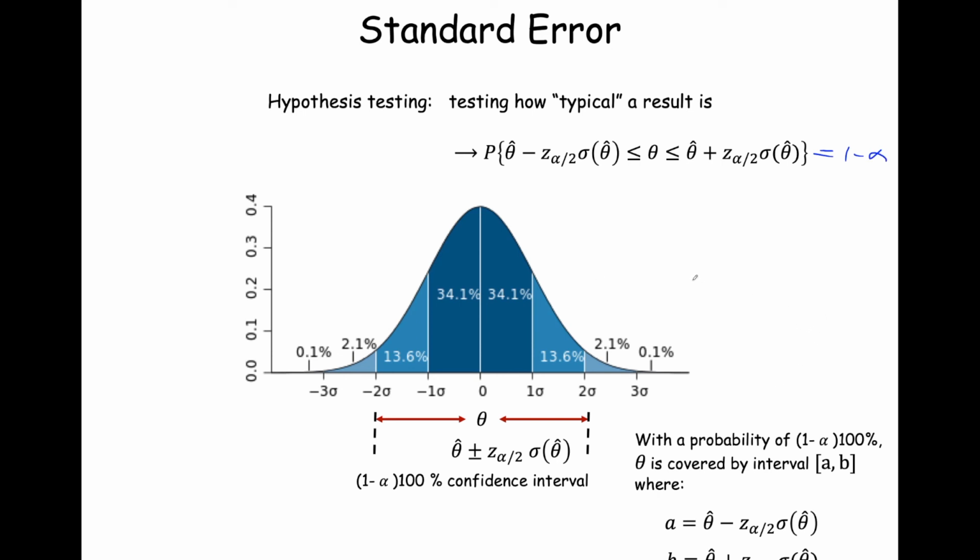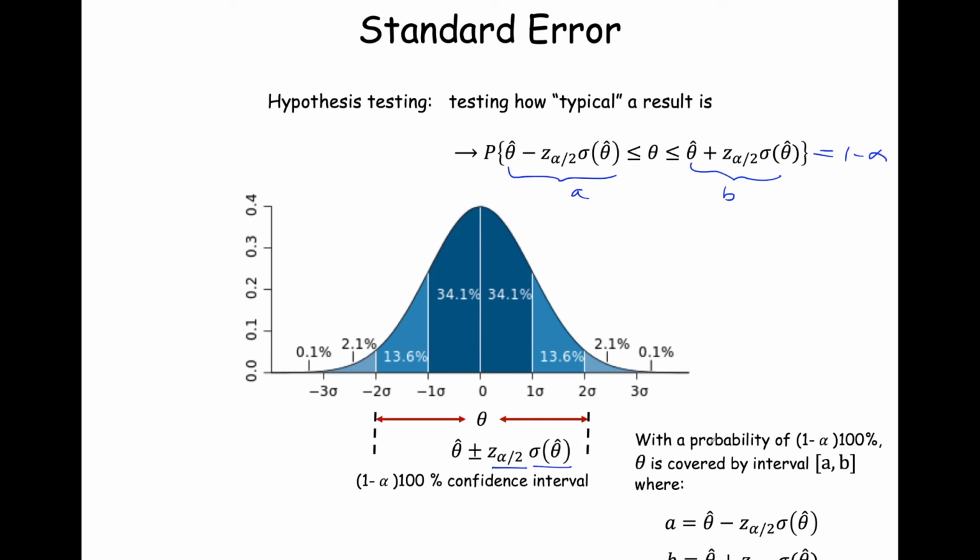Now, the AB values, this is our A, and this is our B. That says that theta, with probability 1 minus alpha, is going to fall in this region, and that region is going to be whatever our estimator theta hat is, plus or minus the z-score times the standard error of theta hat.